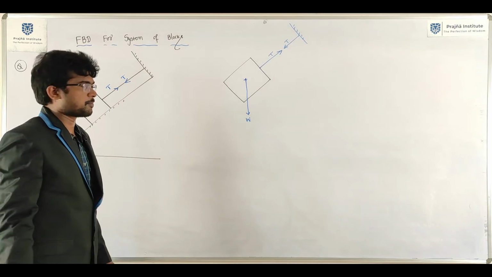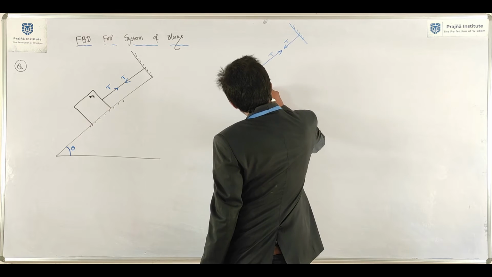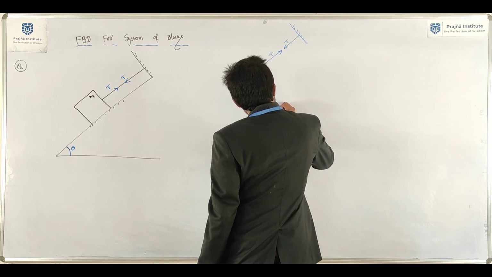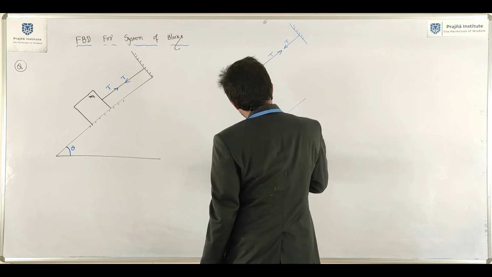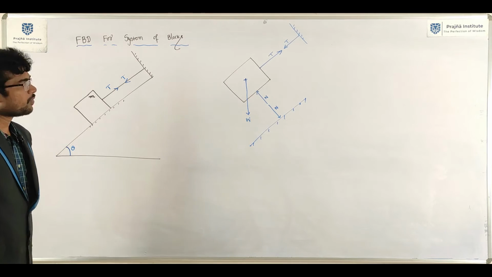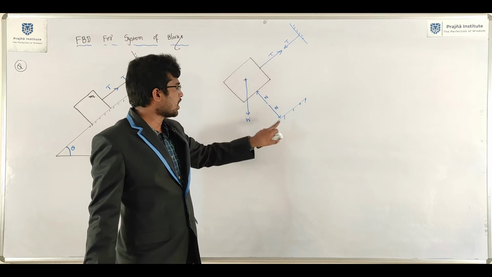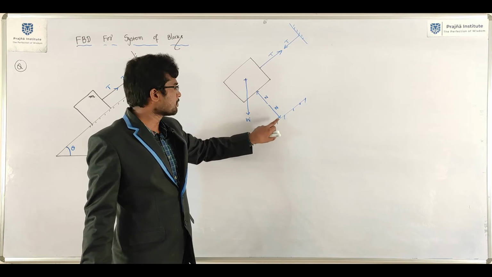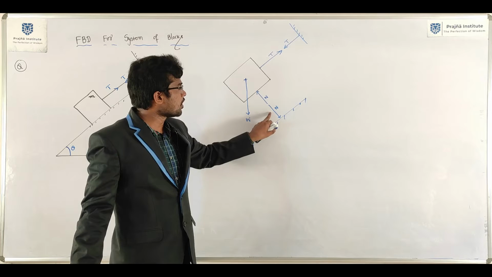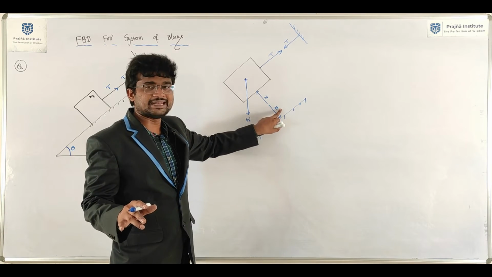Now normal reaction always acts perpendicular to the surface. First statement, second statement, third statement. Fifth statement: at every contact surface two normal reactions will be acting, both equal in magnitude, unlike in nature.